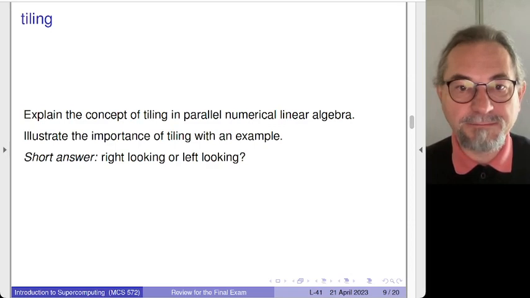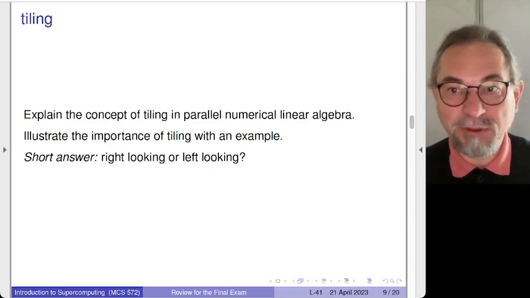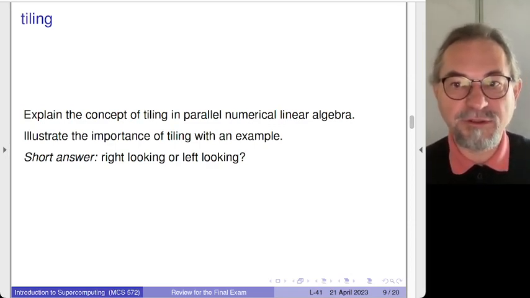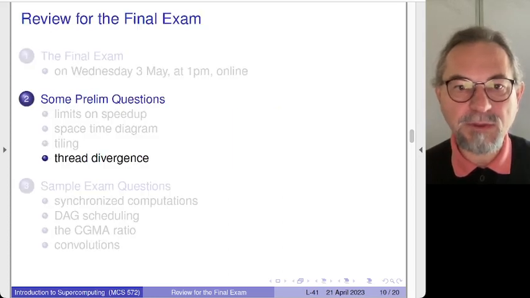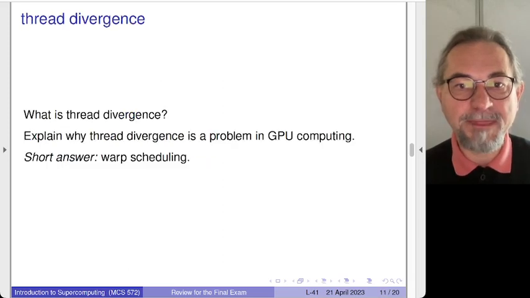Okay, there is, by the way, a similar question for the distributed memory, where we have the communication avoiding algorithms. All right, so I'm close to 15 minutes in, and I'm at the last question of the prelim.